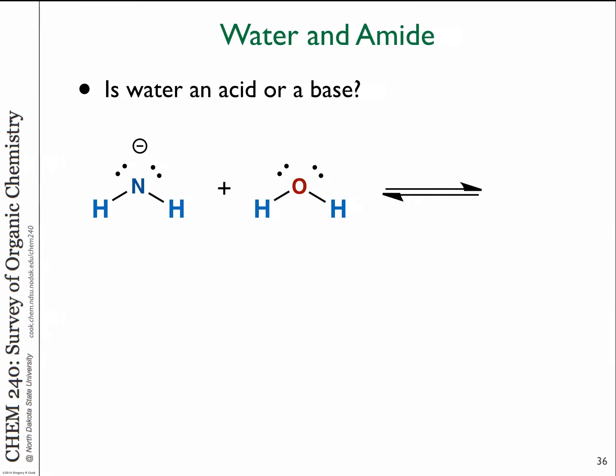When we think about how reactions might take place, think about this. Here we have NH2 minus and H2O. How might these react together? What would you predict would happen here?